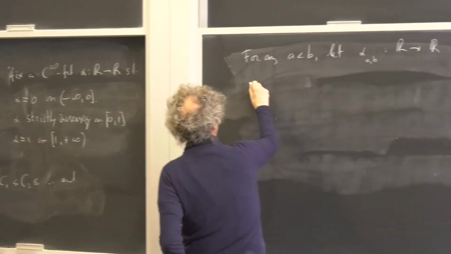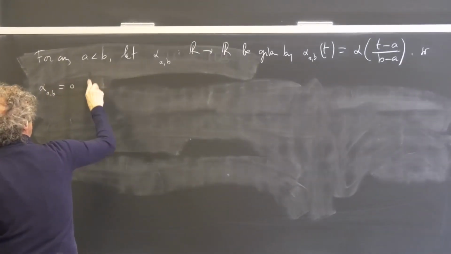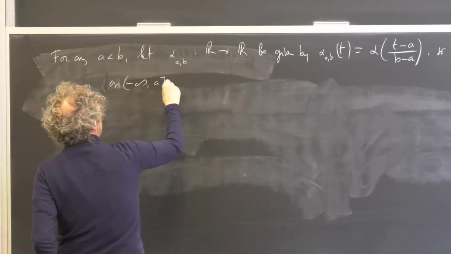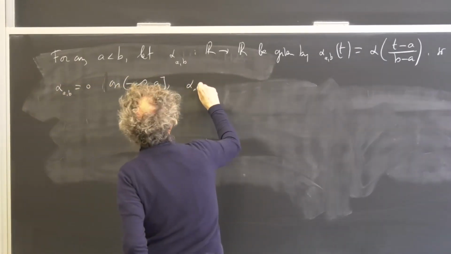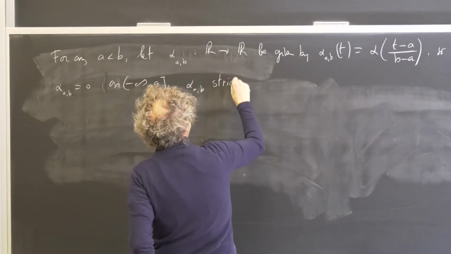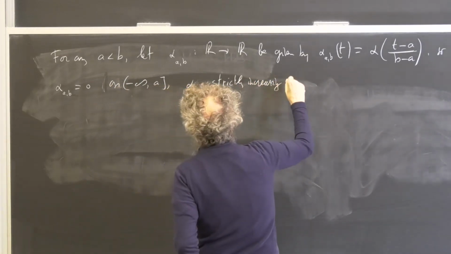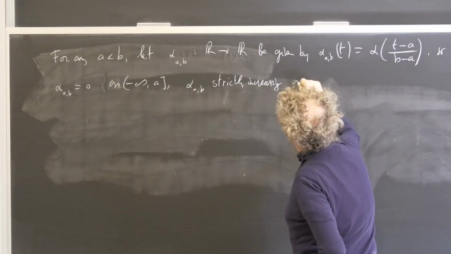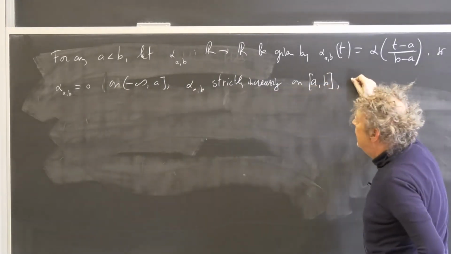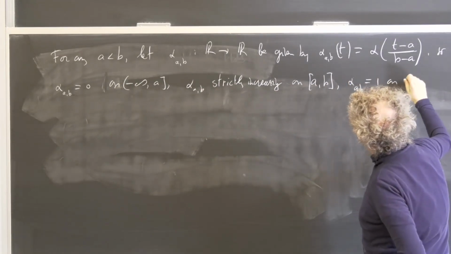So alpha a,b is 0 on minus infinity to a, alpha a,b is increasing on the segment a,b, and alpha a,b is 1 afterwards.